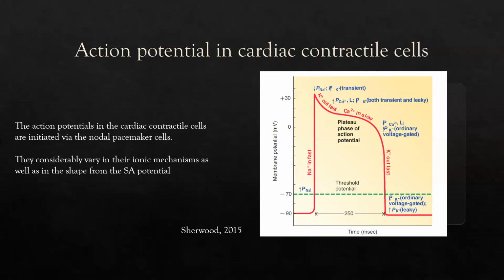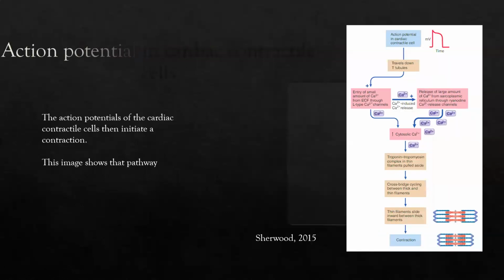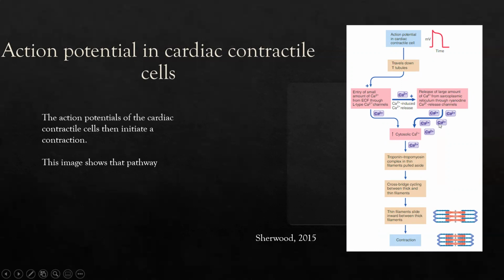So after this action potential, we have a contraction. In this image, we see how the cardiac contractile cells then initiate a contraction. Again, this is calcium entry from the ECF, which induces a much larger calcium release from the sarcoplasmic reticulum.